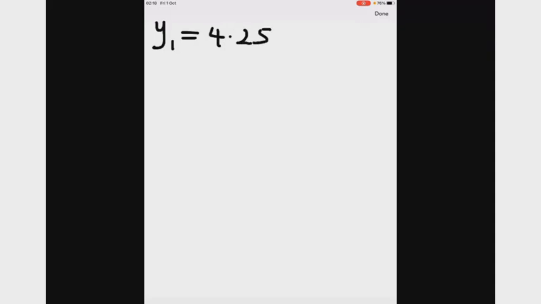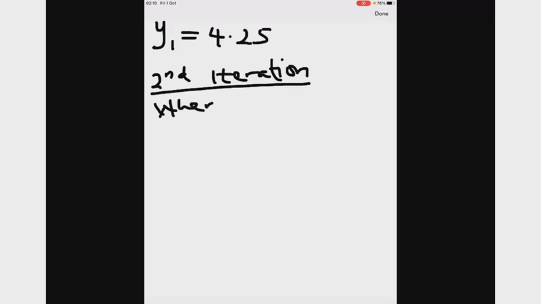Similarly, we continue the same process to find the second iteration. Second iteration. This is when k equals 1.